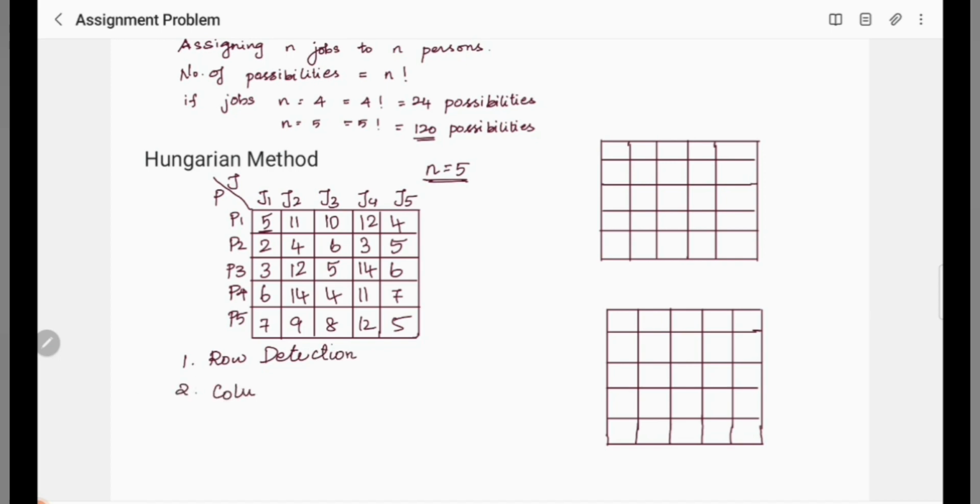The next is column deduction, where we consider the matrix obtained from the row deduction. The last is the optimality test. We'll go step by step, so first we consider the first step, which is row deduction.